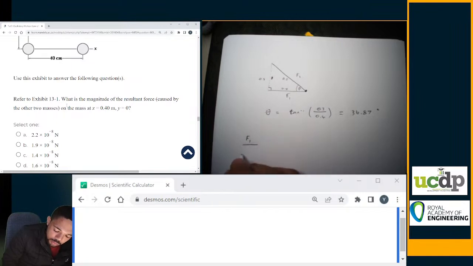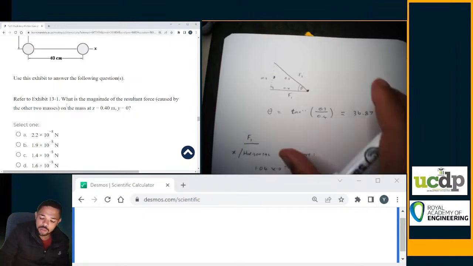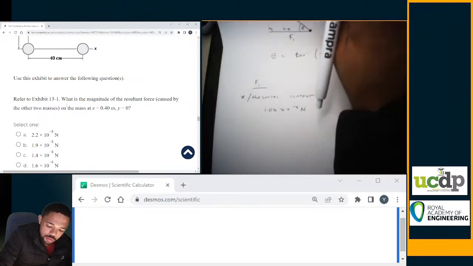The horizontal component, or we can just call it the X component, is equal to just the force of F1, which in this case is 1.04 times 10 to the negative 8 newtons. So that is the horizontal component of F1.